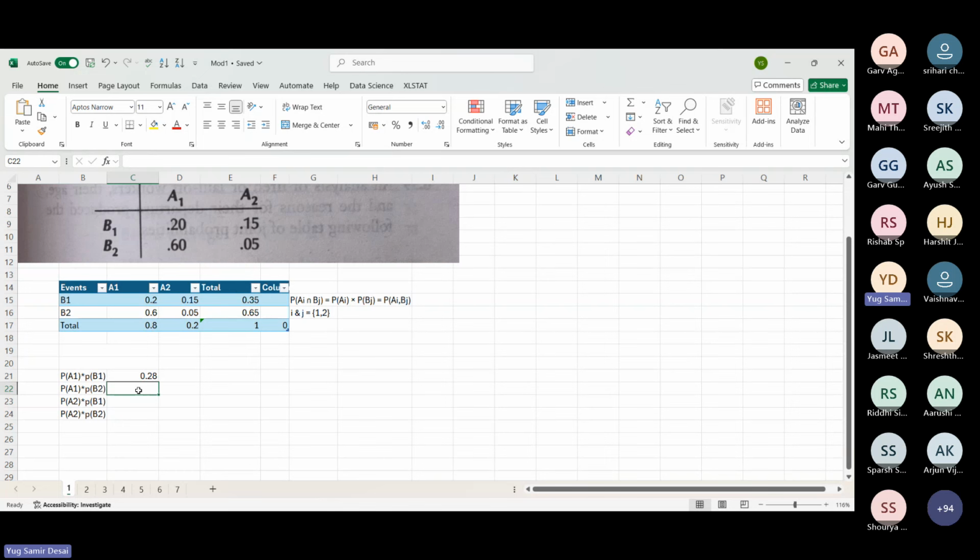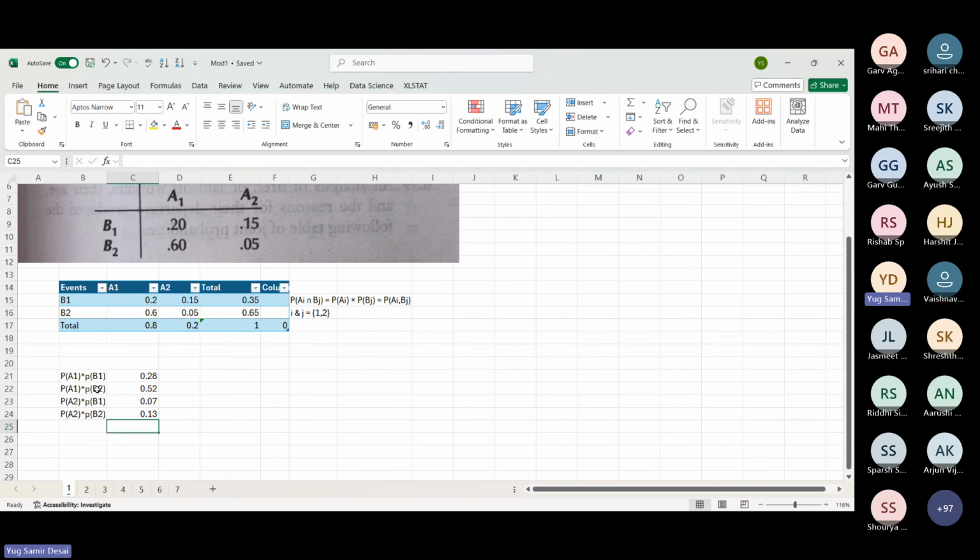Then we come to whether it's equal or not, and whether it's independent or not. Then we again multiply the value of A1 with the remaining event of B, which is B2. Then we start with A2. Again, we multiply it with B1, and then A2 gets multiplied with the value of B2.